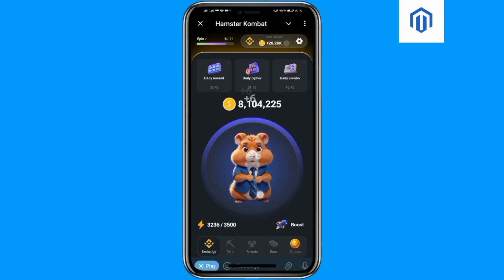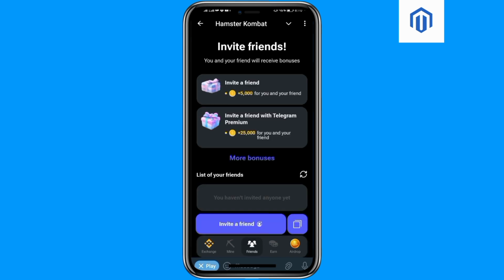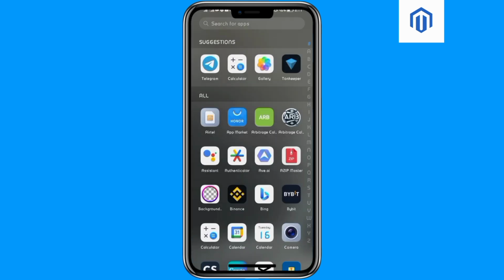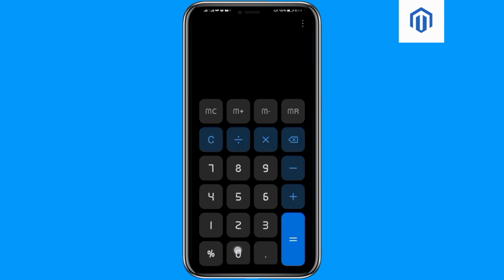And of course, no one can know about the sources of its price. But according to some sources that I saw, guys, it is said that the Hamster Kombat will be launched at around $0.3. So if it is launched at $0.3, just imagine if I make like 10 million Hamster Kombats. Just multiply 0.3 times 10 million.